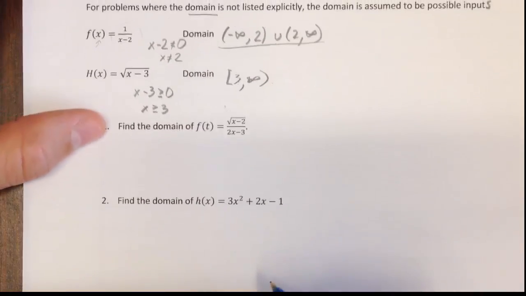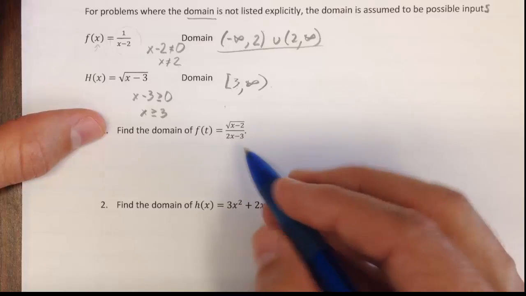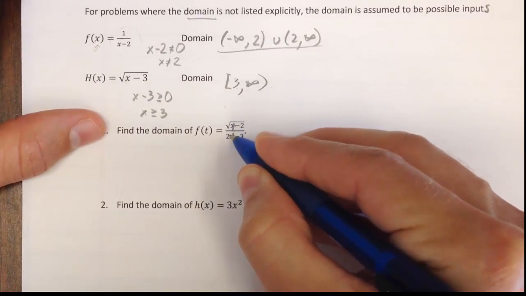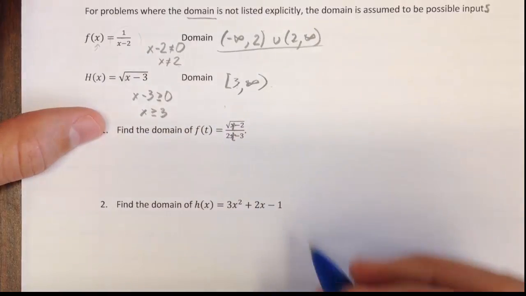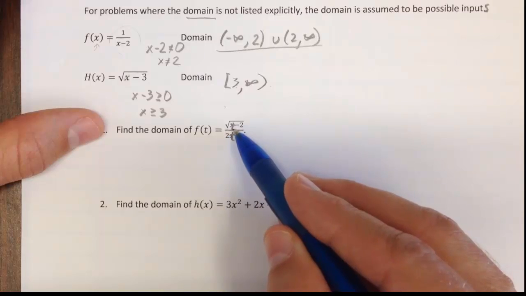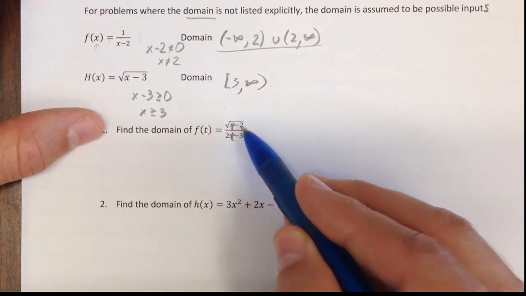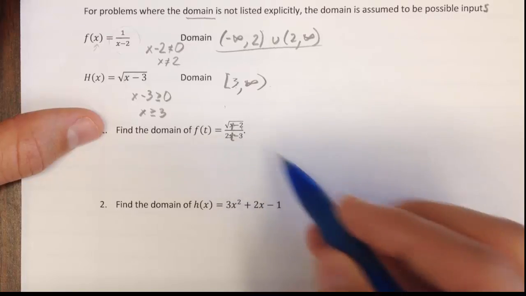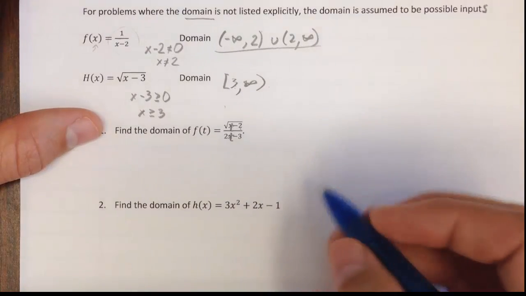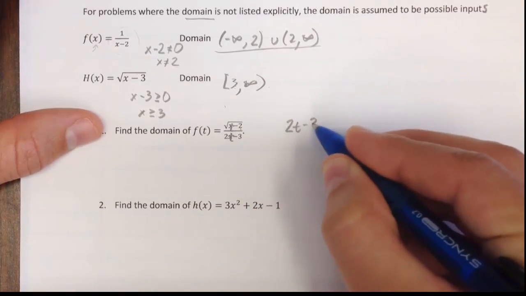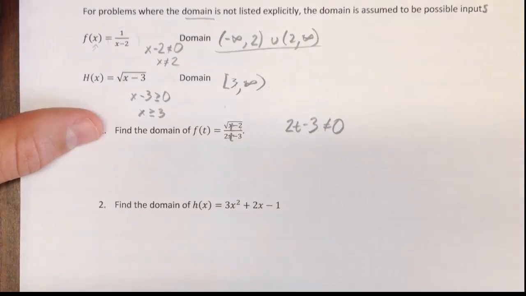Okay, so let's put it together, have a little more challenging example here. F of t, oops, and these should be t's. Generally your input there is used over there. Okay, so f of t is the quantity square root of t minus 2 divided by the quantity 2t minus 3. So first off, I see that I have a fraction, so I want to make sure 2t minus 3 in the denominator is not equal to 0.